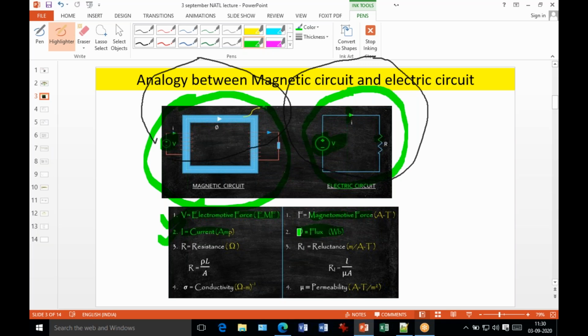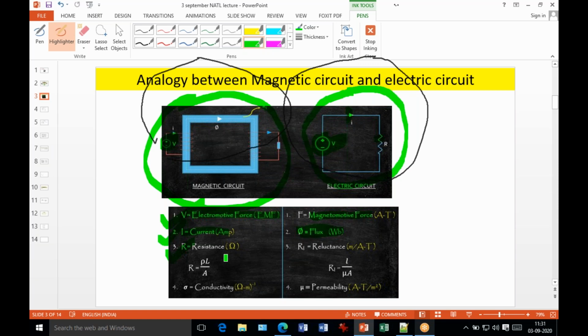Actually, you are finding the similarity with the electrical network. There is a voltage source, electromotive force, but in the magnetic circuit there is a magnetomotive force. The name is different, but the behavior of these parameters is the same. Similarly, in the electrical network there is a current, and the current role is played by the flux in the magnetic circuit. Now in the electrical network, there is a resistance. What is resistance?